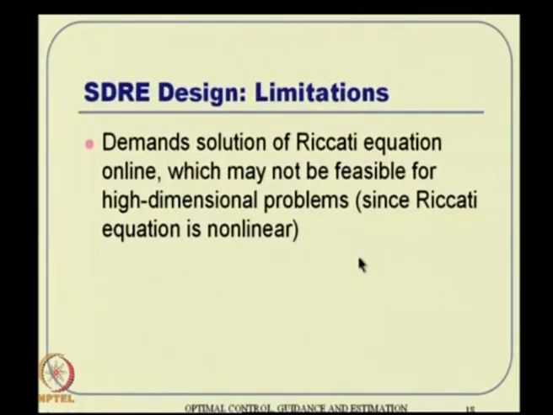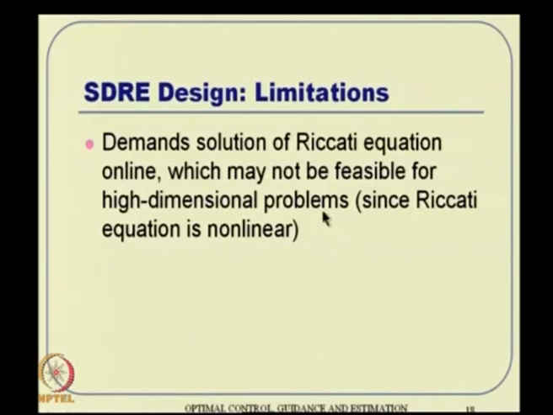Another limitation is that it demands the solution of the Riccati equation online, which may not be feasible for high dimensional problems. Remember, it is a nonlinear matrix equation, and it has multiple solutions, and we have to select a positive definite solution. So when the dimension of the matrix increases, the online solution becomes an issue.